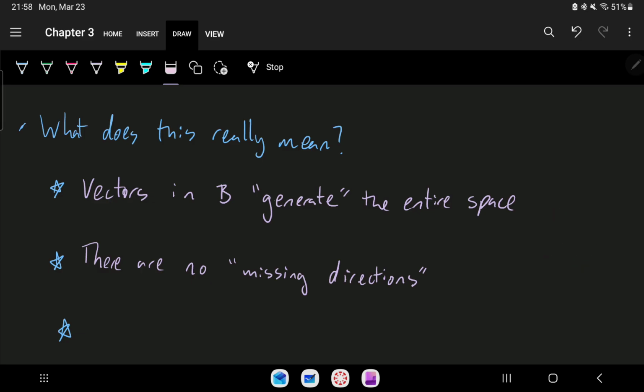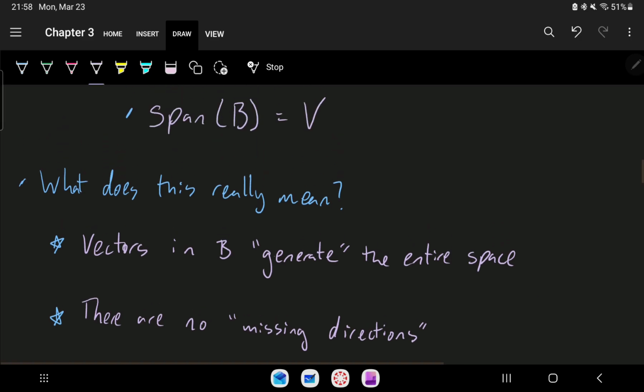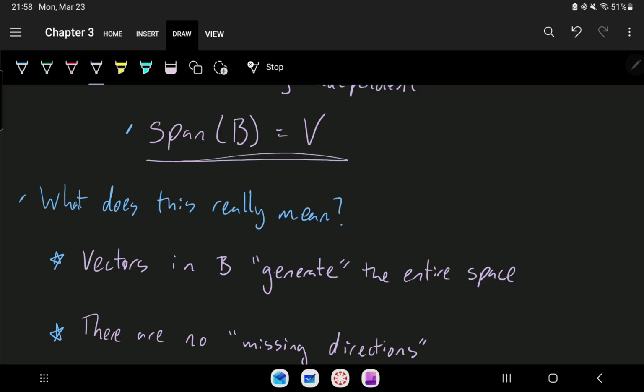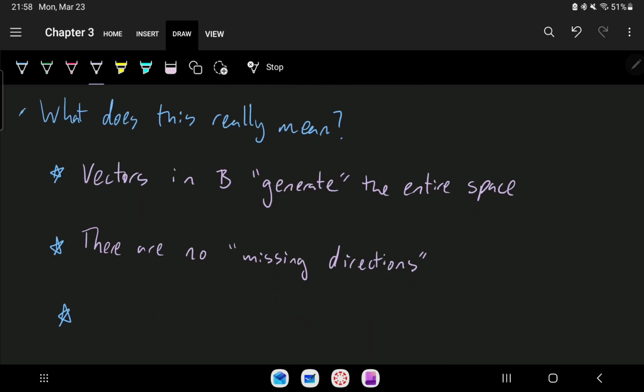And the third thing that I want to mention, which is kind of a reiteration of this last point but worth bearing in mind again, is that you can essentially say that B is a spanning set for V. The reason I point this out is because this is the official terminology.